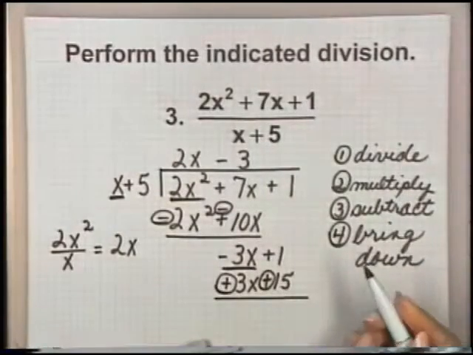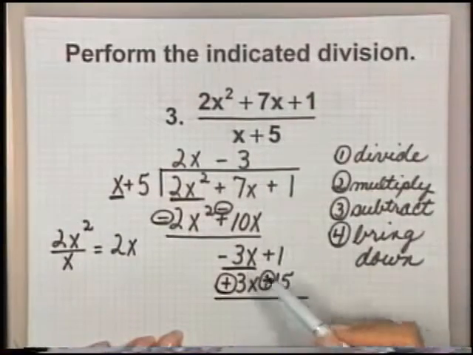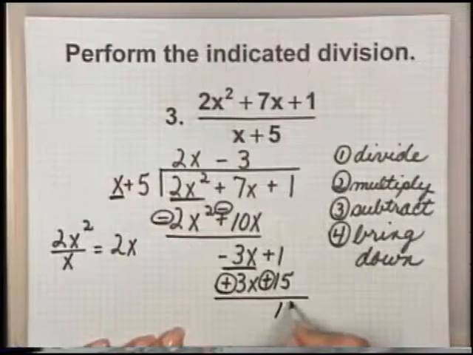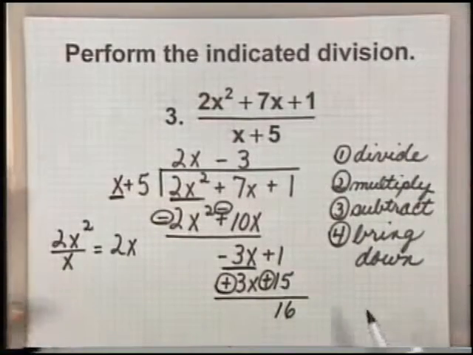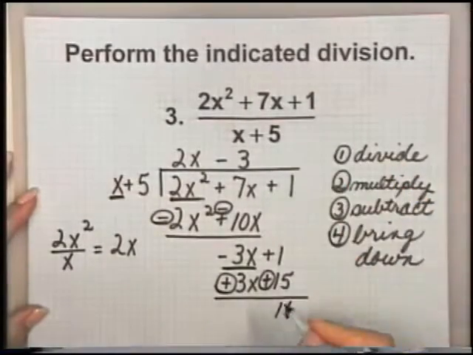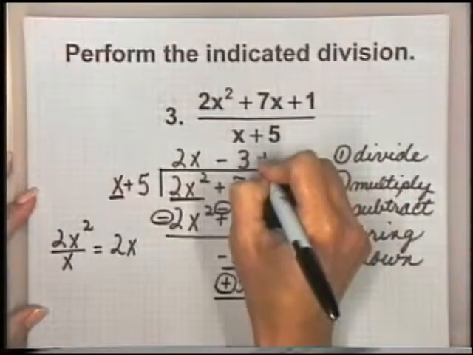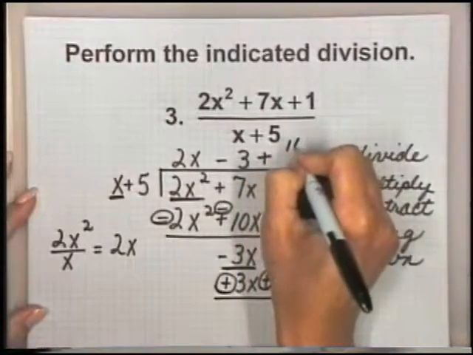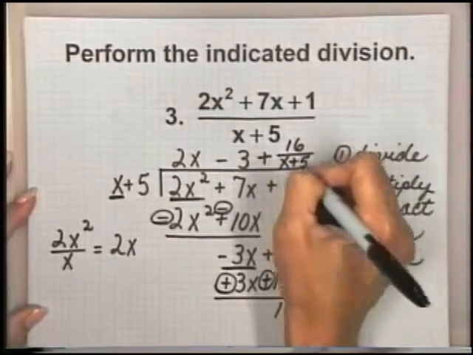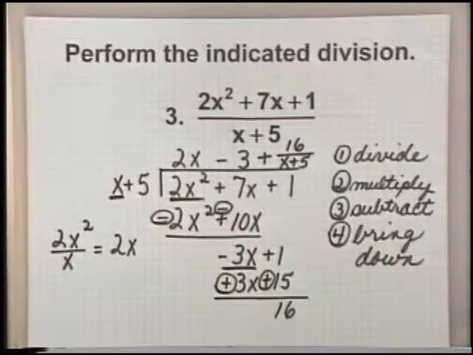Since I have a negative, it will become positive. Minus 3x plus 3x is 0x. 1 plus 15 is 16. So my remainder here is 16. Now, since it is a plus 16, I'm going to put a plus sign, and then I'll write my 16 over my divisor, x plus 5.